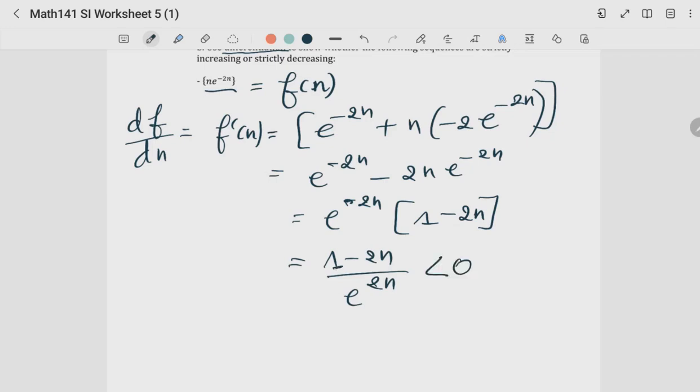This is less than 0. It's less than 0 for all the values of n, starting from n is equal to 1.